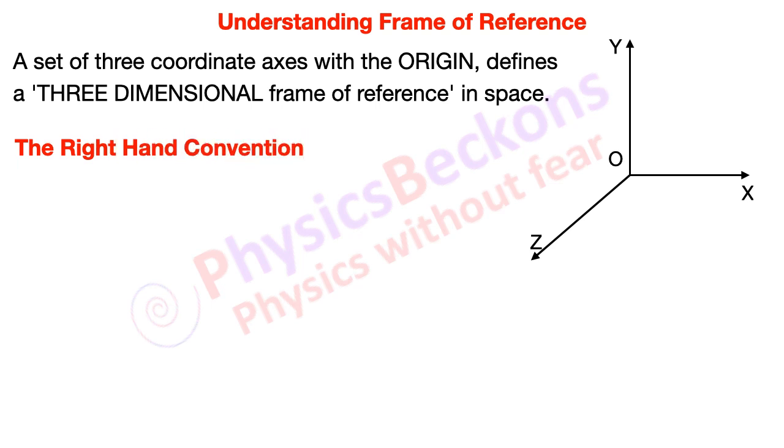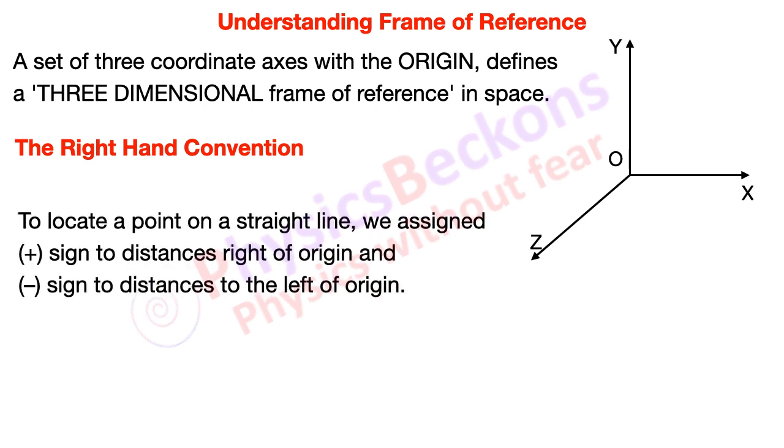The right-hand convention. Let's see what the right-hand convention is, which is very essential to set up a frame of reference in space. To locate a point on a straight line, we assigned a positive sign to distances right of the origin and a negative sign to distances left of the origin.